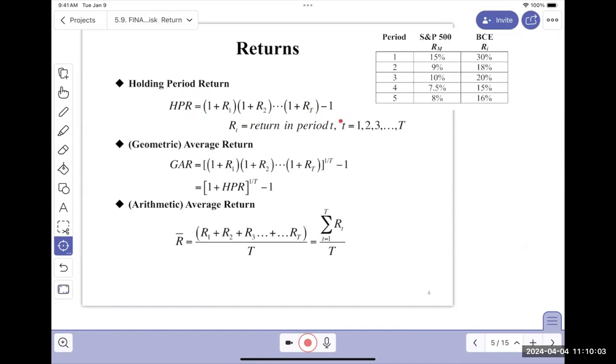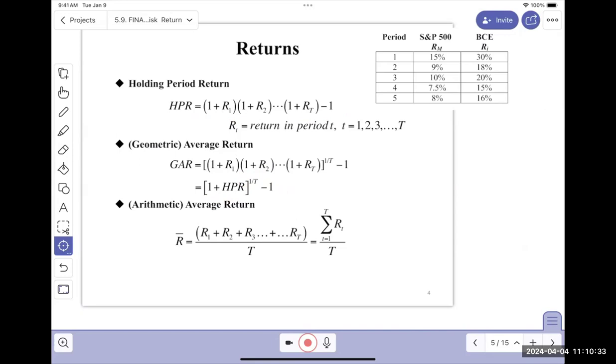Once we have that calculation of the holding period return, we can add back the 1 and partition those T periods into 1, to get a measure of the average per year over that time. So we're going to make that calculation.